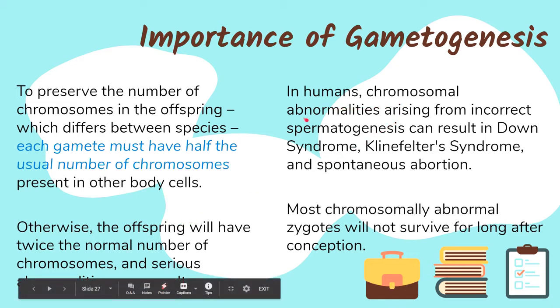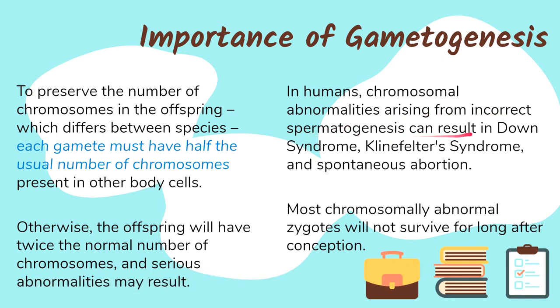Chromosomal abnormalities can arise from incorrect spermatogenesis, such as Down syndrome, Klinefelter's, and even spontaneous abortion. If you have more than 48, 49 chromosomes instead of 46, the fetus or the embryo will be naturally and spontaneously aborted.